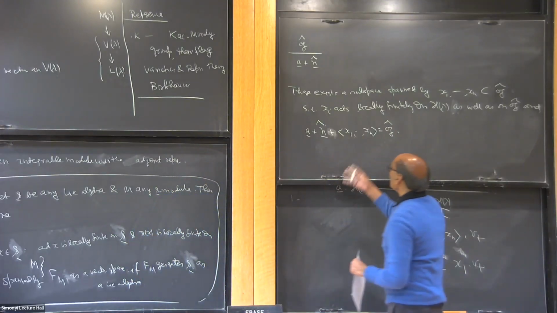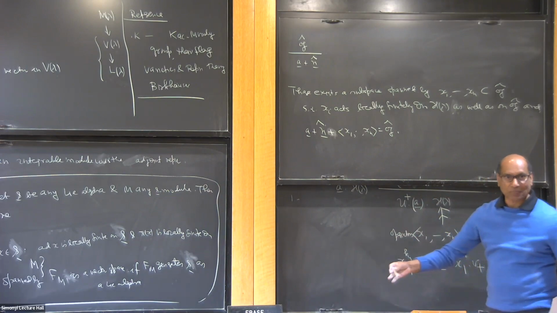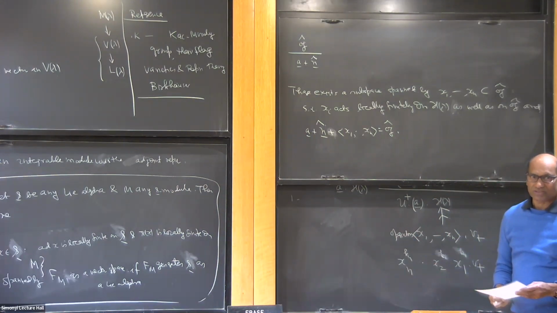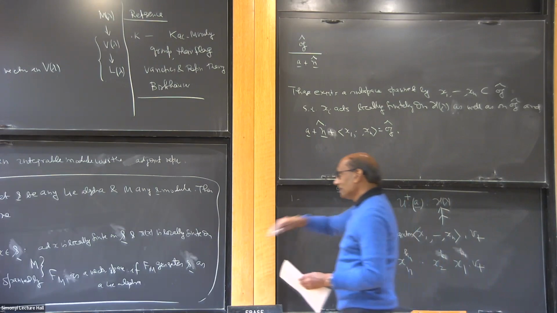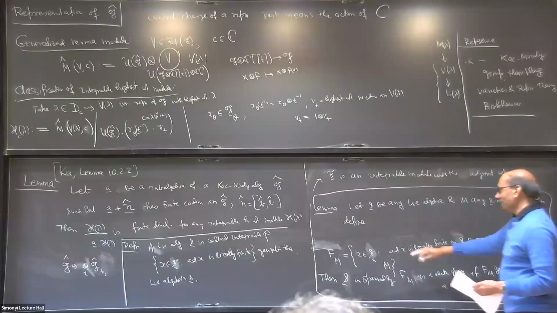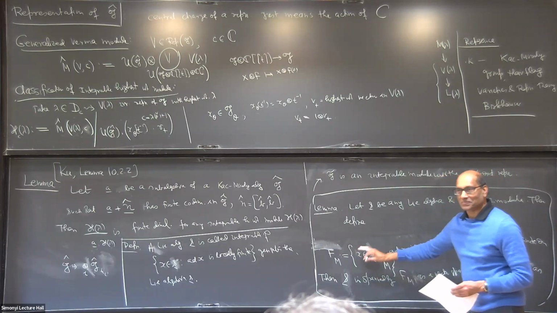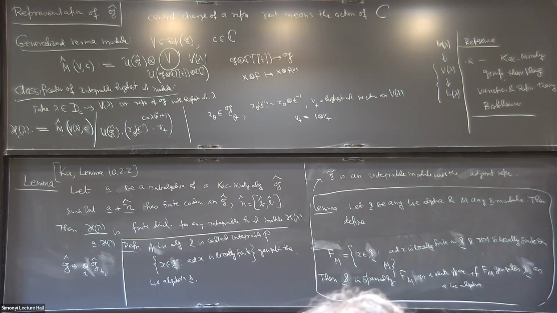Otherwise I could not have extracted a finite dimensional space. This lemma is not difficult to prove. I've written all the hypotheses, so I think I've stated the lemma correctly. Again, it's in Casa's book as well as my book.